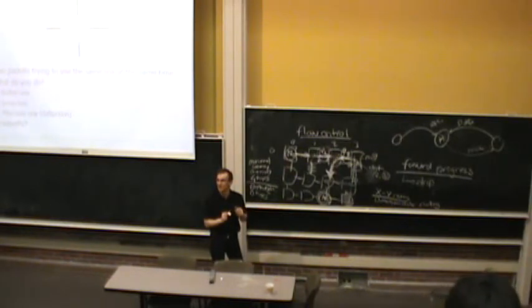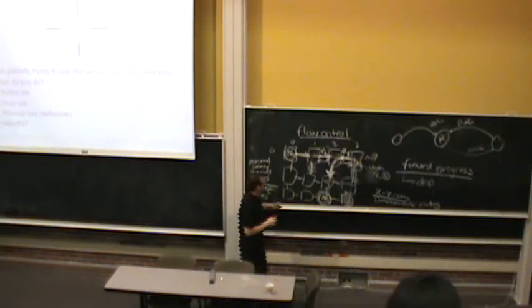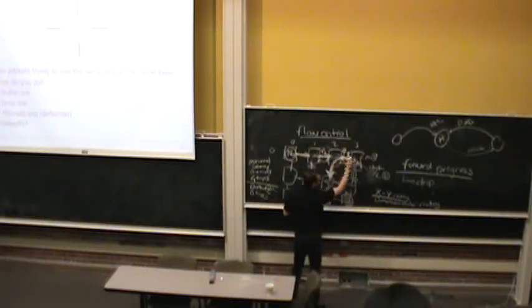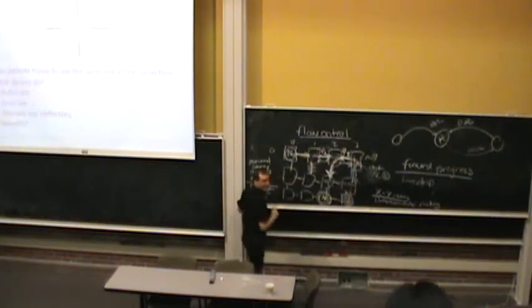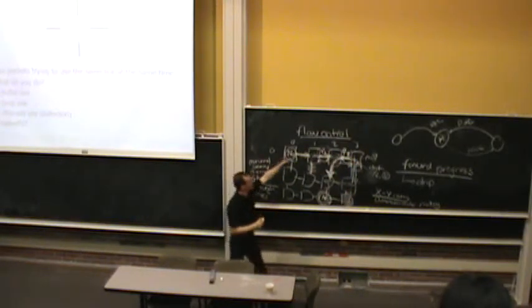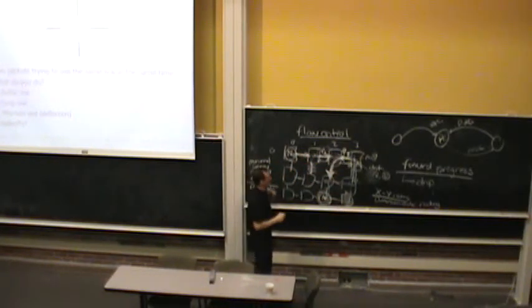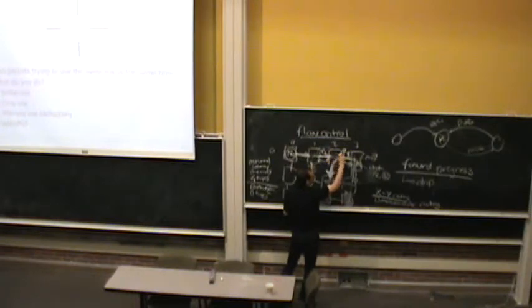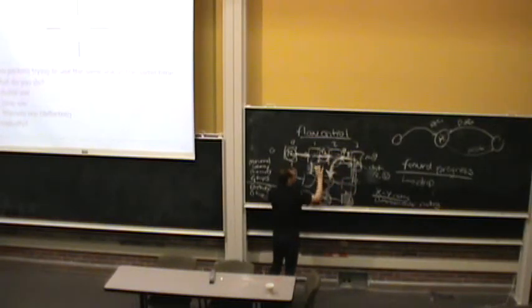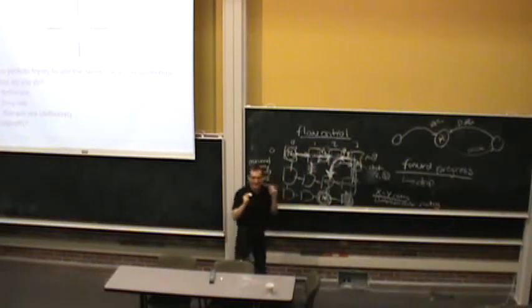Does that make sense? So you can actually utilize the network better by deflecting. The upside is that now you don't have buffers, and instead of buffering, you're always keeping the network busy. The packets are always moving.